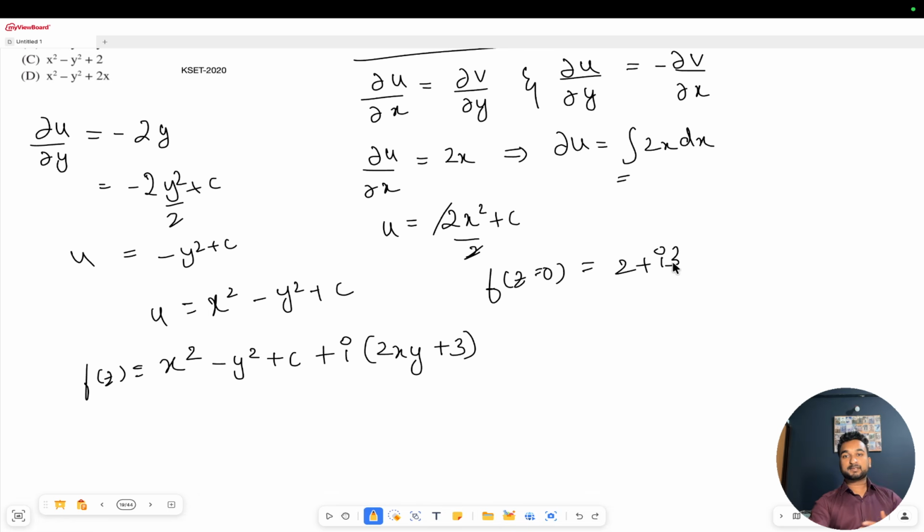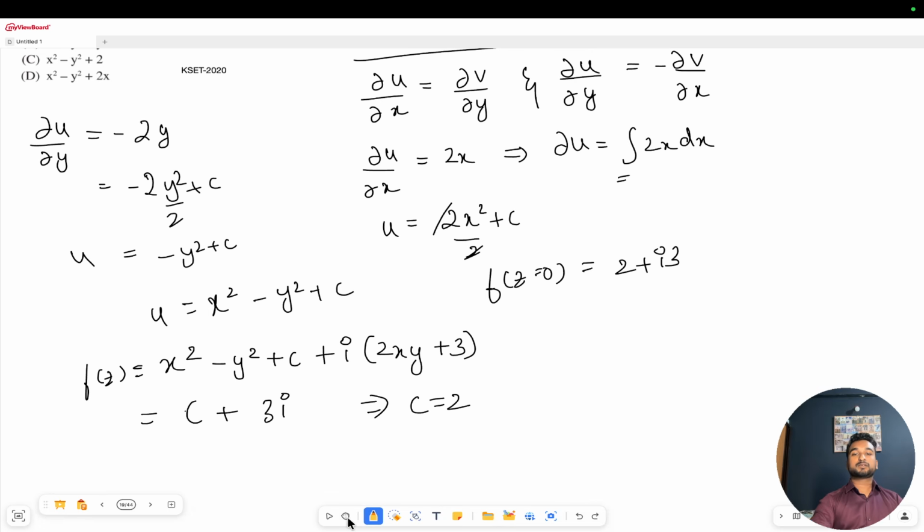By comparing these two, we will get c. Put x equals 0 and y equals 0, why? Because z equals 0 is given. So at z equals 0, x is 0 and y is 0, so these terms will be 0, leaving c plus 3 i. Comparing these two equations, you can see that c is equal to 2.